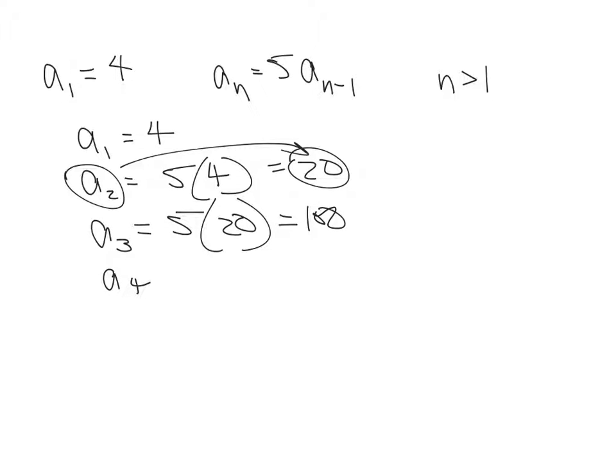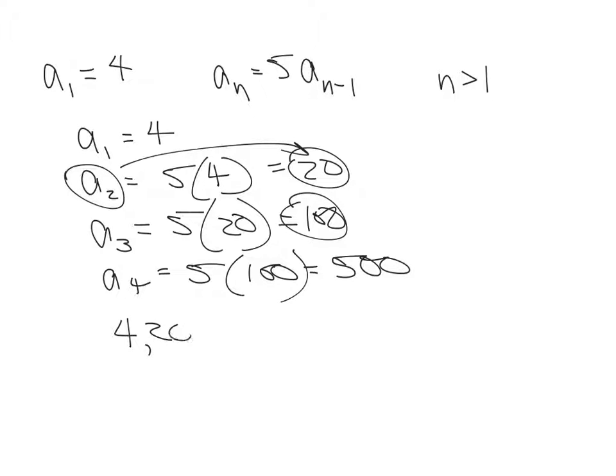A of 4 is going to be 5 times the previous number. And how many did we want? First 4. 1, 2, 3, 4. So my sequence is 4, 20, 100, 500, and then it'll keep going forever and ever.